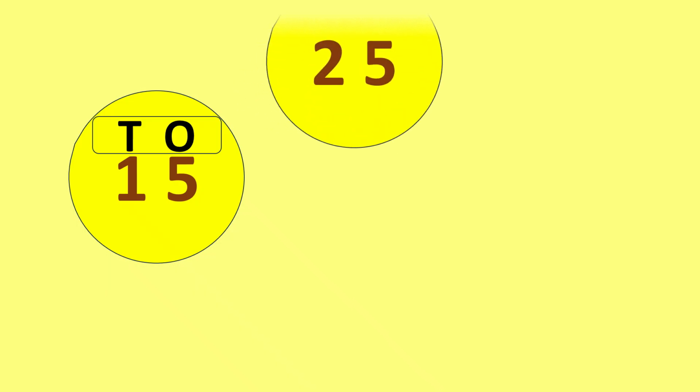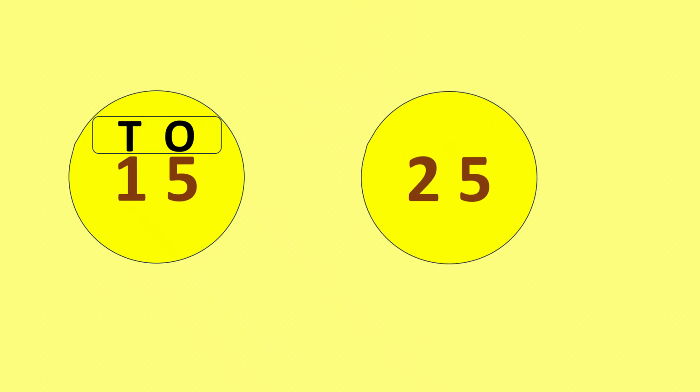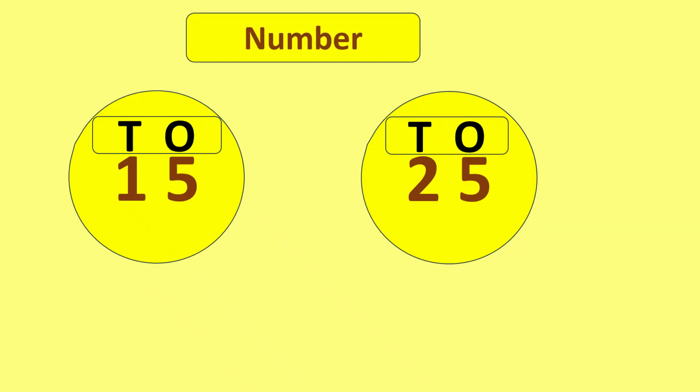Look at the next one, it's a number. And we just write TO2 on the head of it. Okay, TO2. It's a 25 and we again write on the head a TO2.